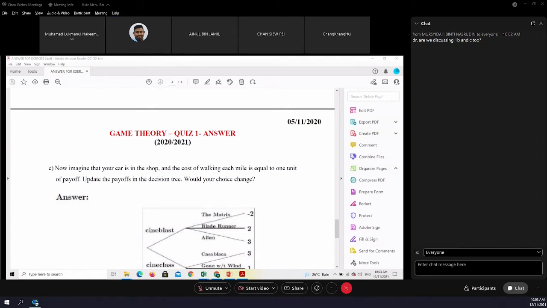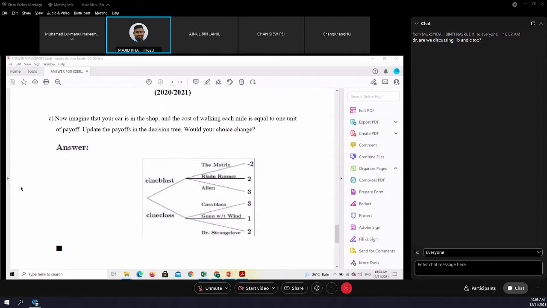Now imagine that your car is in the shop and the cost of walking each mile is equal to 1 unit of payoff. Update the payoff in the decision tree, and will your choice be changed now? So for example, this is 1 mile, and when your car is in the shop, the cost of walking each mile is equal to 1 unit.